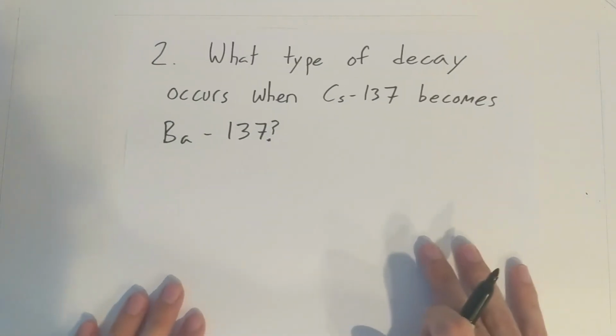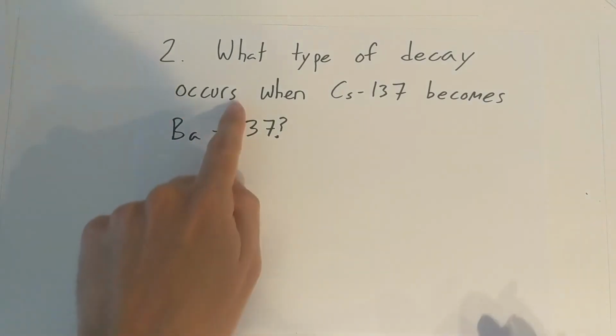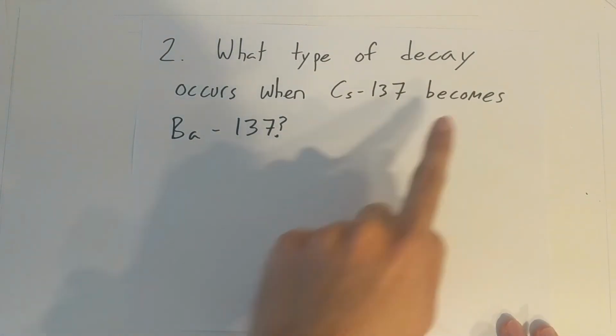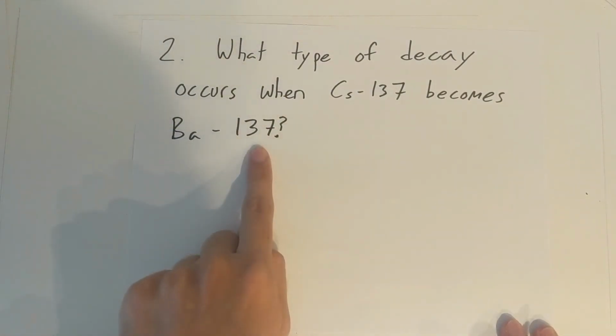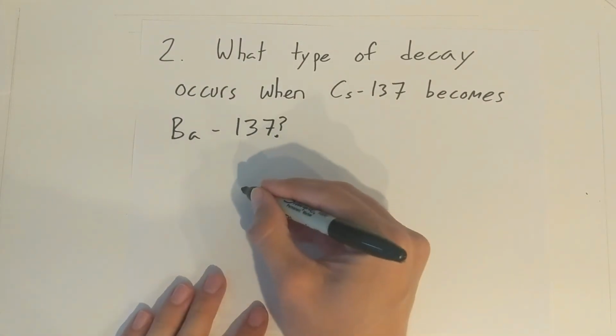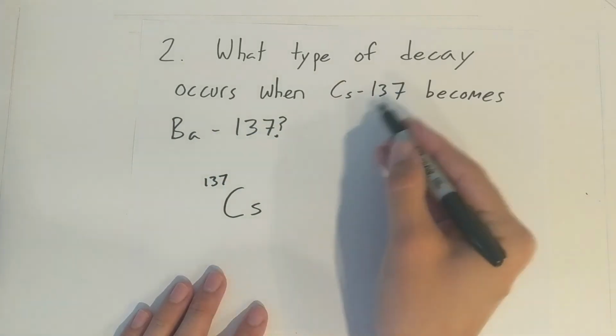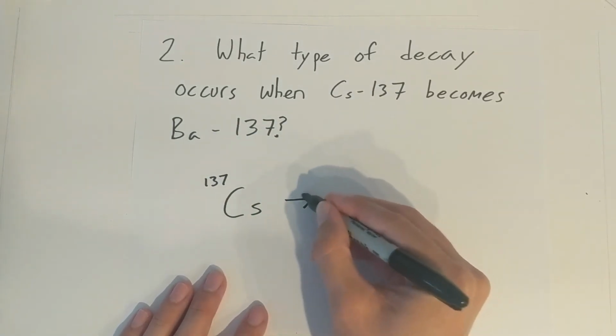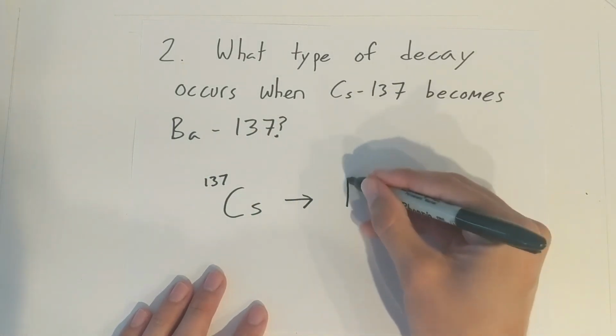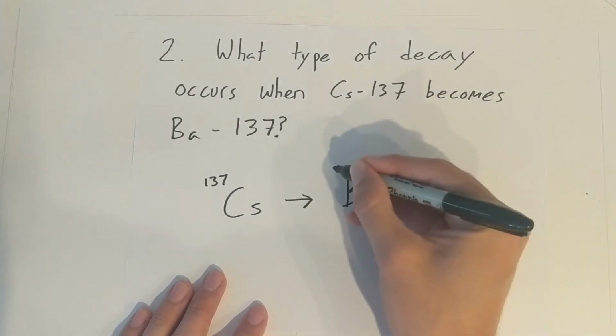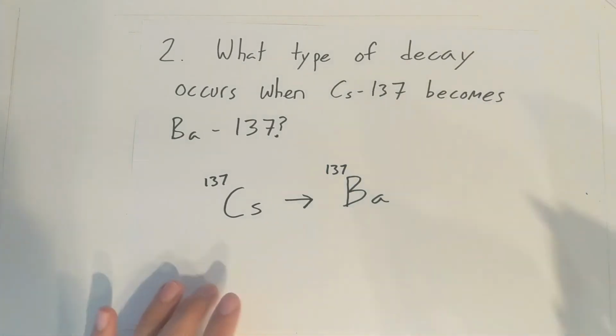So we'll be doing 5 of these questions, so we'll have some time to start seeing the patterns. Oh, this question is slightly different. What type of decay occurs when cesium-137 becomes barium-137? So here we start off with cesium-137. Remember, that number is going to be the mass number. And it is becoming barium-137. So the mass number hasn't changed.